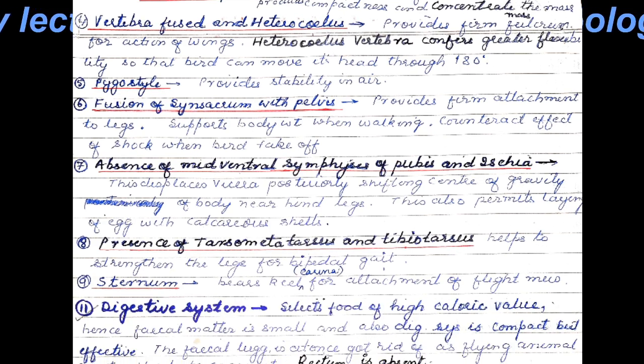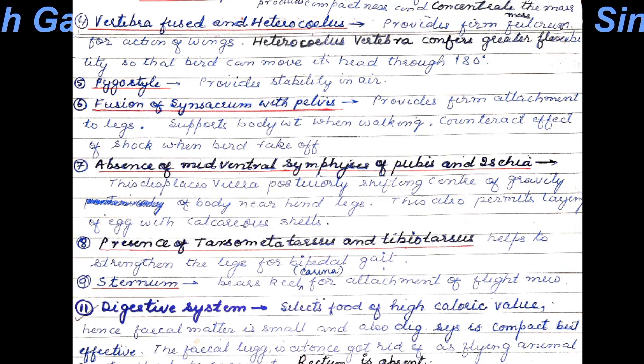The birds have absence of midventral symphysis of pubis and ischia, and this displaces the viscera posteriorly, shifting the center of gravity of the body near the hind legs. What does it afford? It affords laying of eggs with calcareous shells.